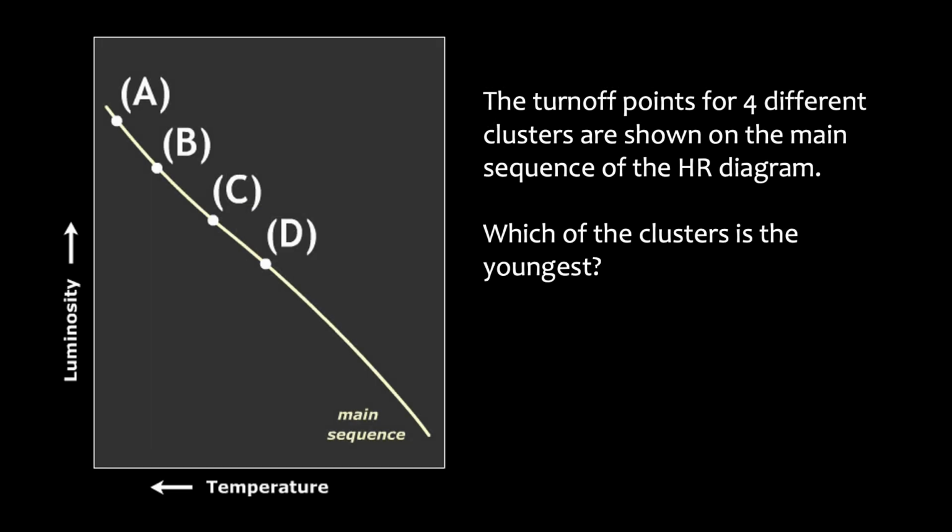And this one is definitely a good group discussion. The turnoff points for 4 different clusters are shown on the main sequence of the HR diagram. Which of the clusters is the youngest? This is a really good group discussion question, but provide illustrations, especially about a turnoff point.